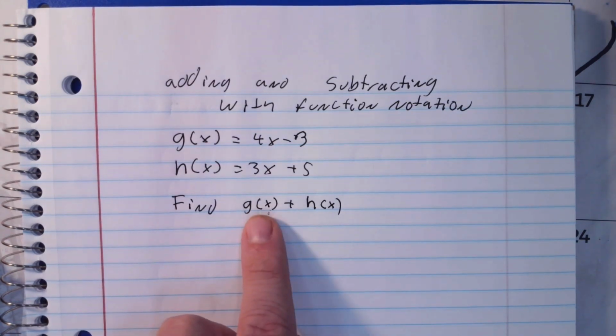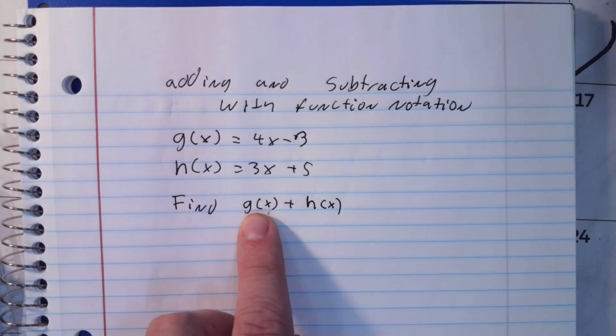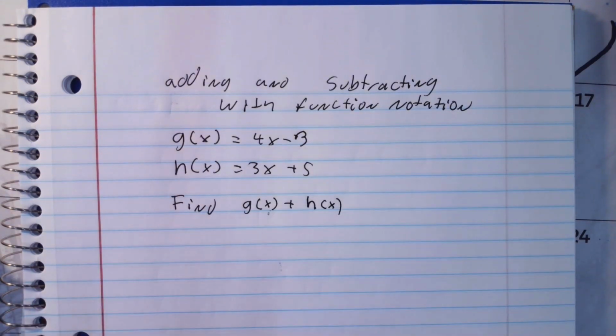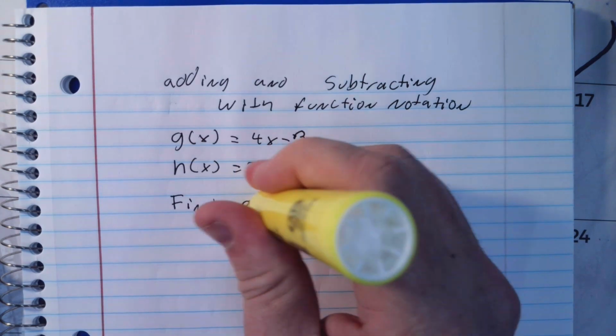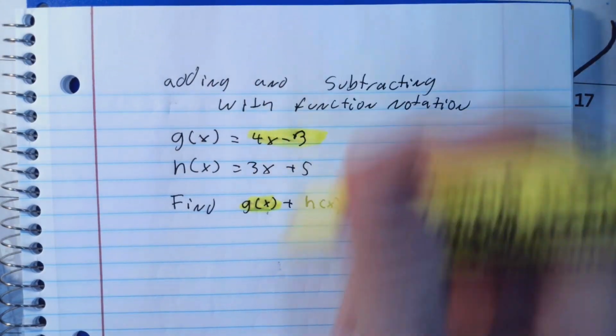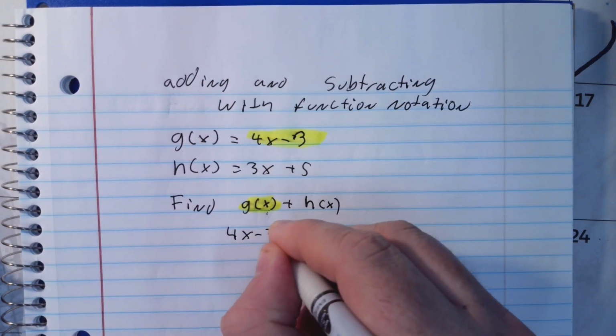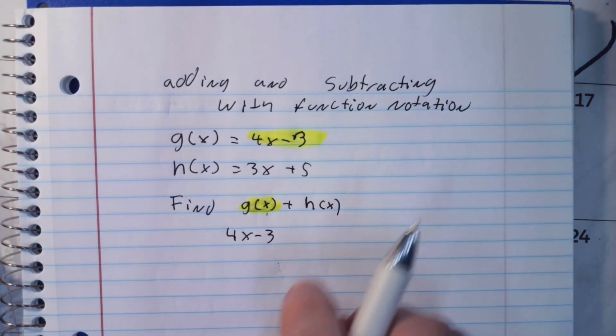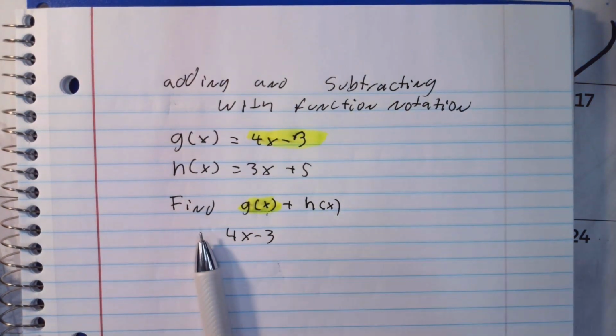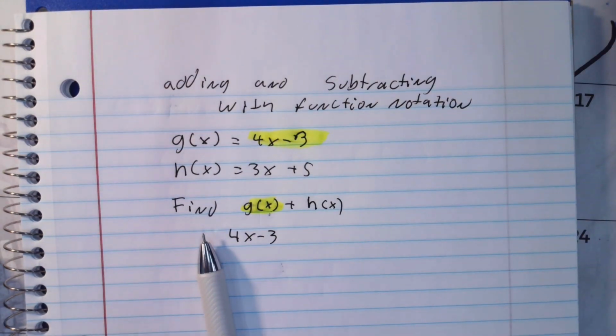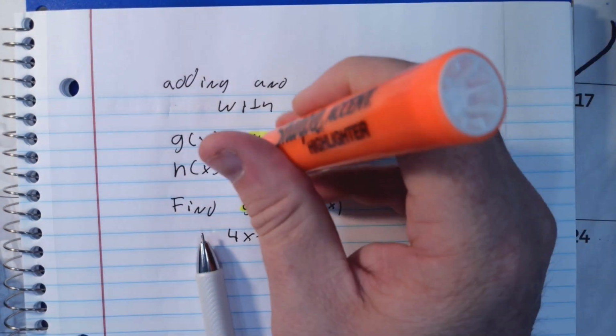So what am I going to replace g(x) with, do you think? Maybe replace this with 4x minus 3. What are we going to replace h(x) with? Maybe this?